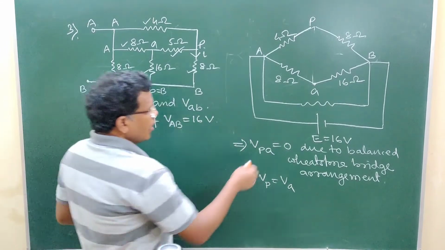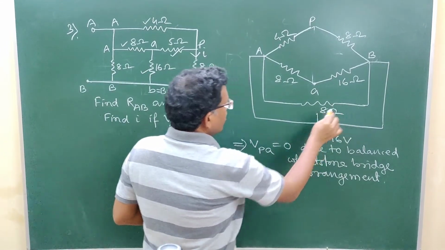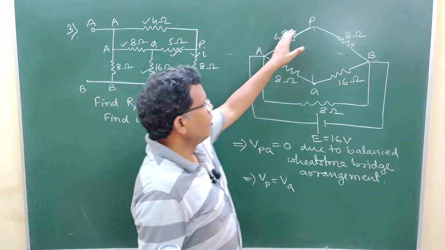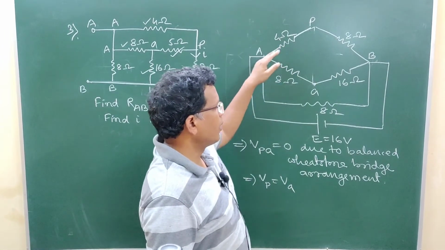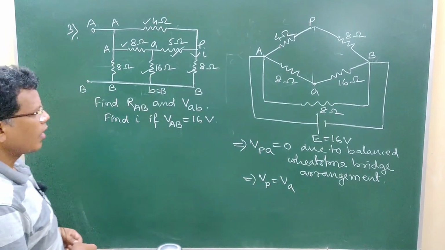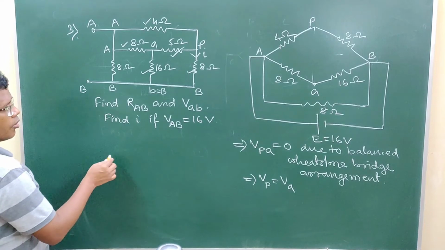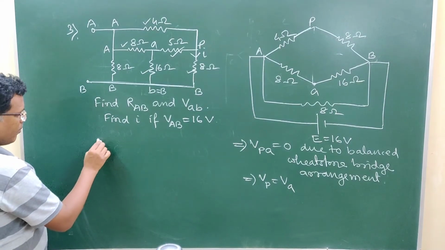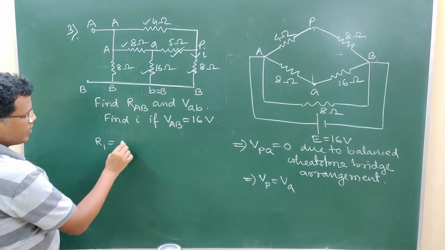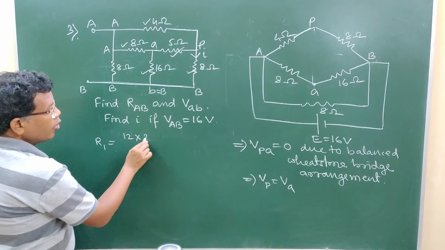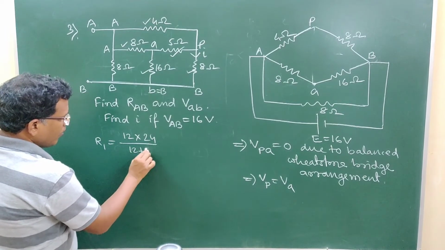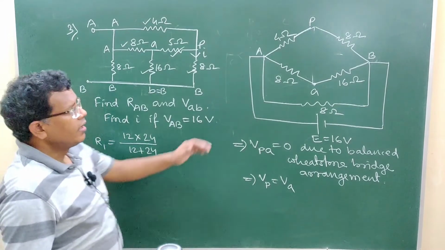That does mean now the effective resistance counting will be easy. 4 and 8 in series is 12, and here 8 and 16 is 24, and these are parallel. So that effective value R1 will be 4 plus 8 is 12, into 24, divided by 12 plus 24.